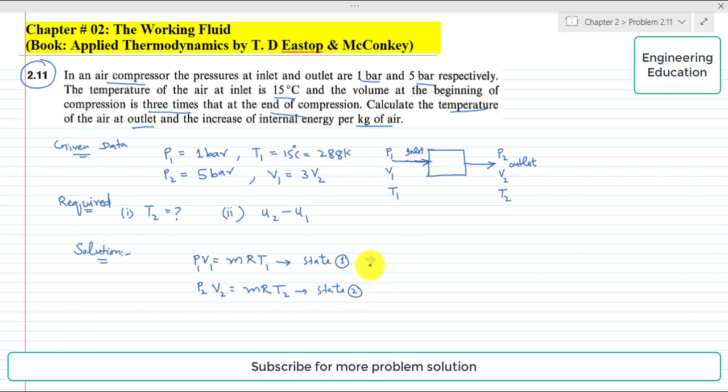Further we can rearrange this and write it like this: mR is equal to P1 V1 over T1. Also, if we rearrange this, it will become mR is equal to P2 V2 over T2. So let's suppose this is expression A and this is expression B.